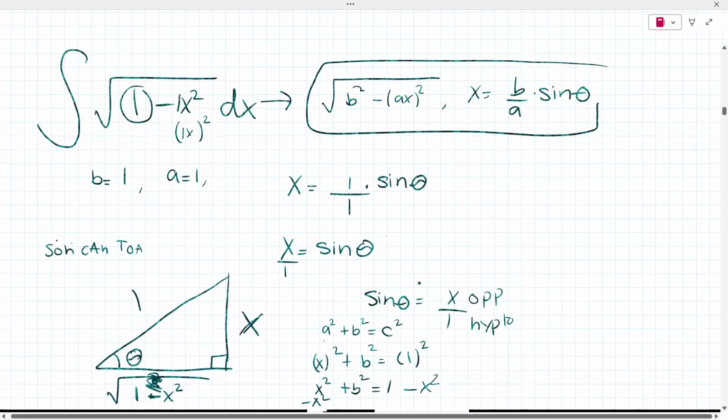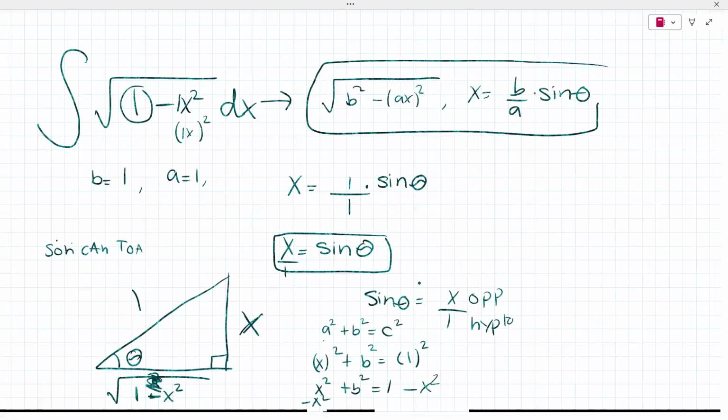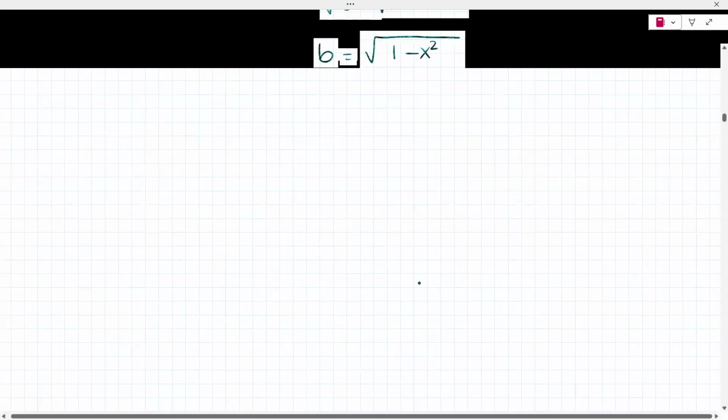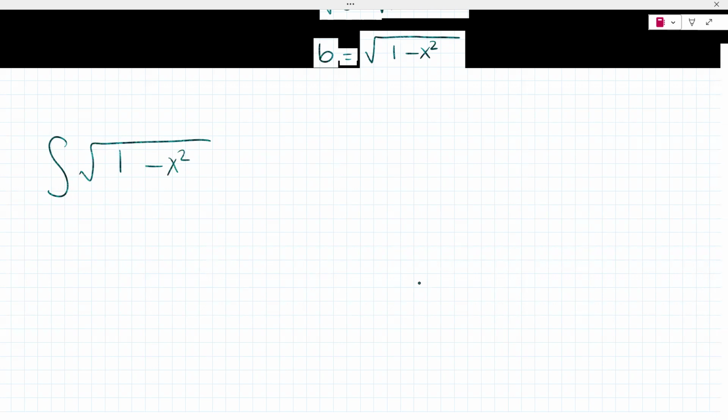We said that x equals sine theta. Wherever you see an x, go back to your original problem and replace x with sine theta. Our original problem was the square root of 1 minus x squared dx, and x equals sine theta. Now replace your x with sine theta.